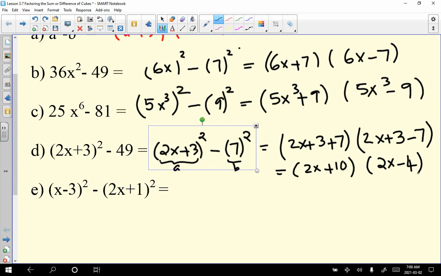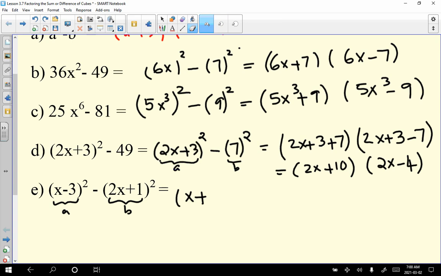All right. Now let's try this one here. x minus 3 squared, that's your entire a, minus 2x plus 1 squared, that expression is your b. So that's a plus b, which is x minus 3, plus b, so just have to add the 2x plus 1.